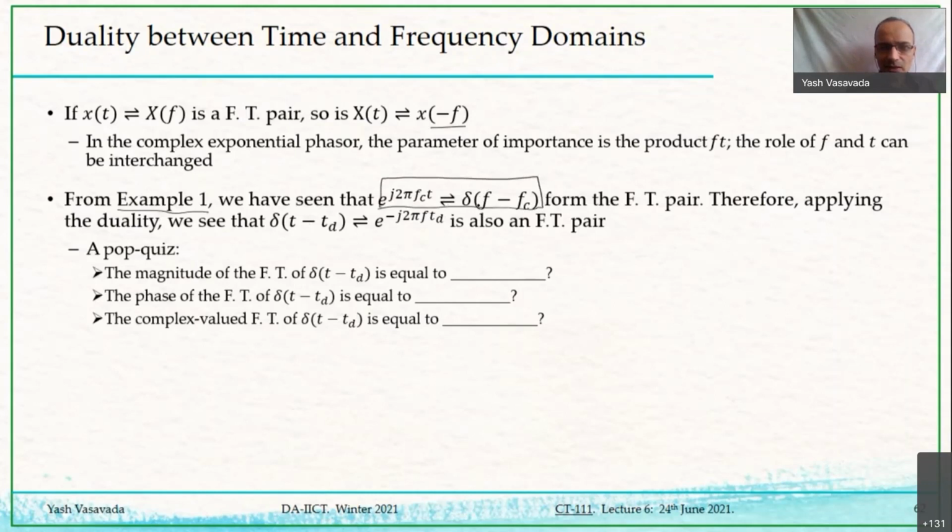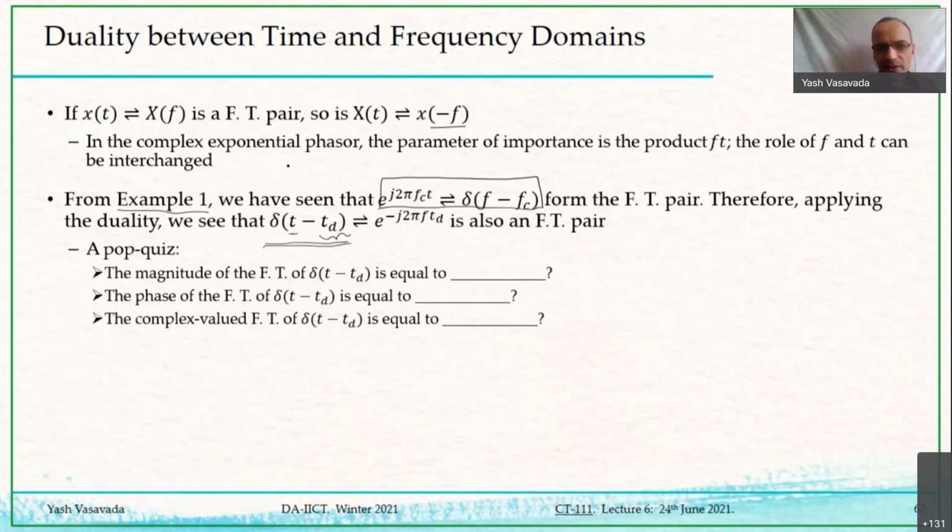So this delta of f becomes delta of t. Then in time domain, it doesn't make sense to call this constant f of c. So I'm just going to give it a new name, which is more appropriate for time domain. This is t of d. So this is a time domain impulse now. It is not in frequency domain anymore. It is a time domain impulse.